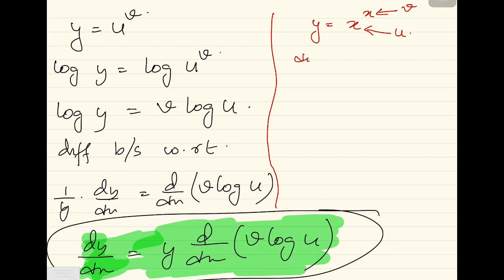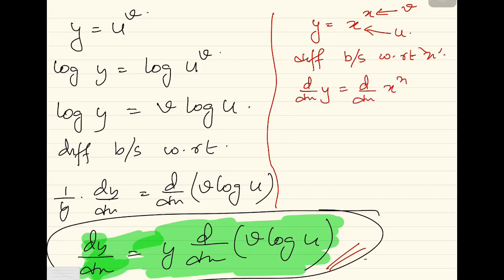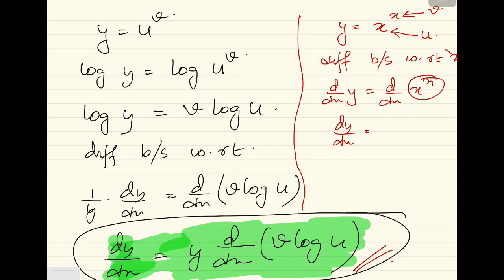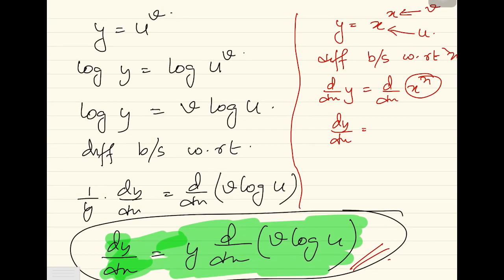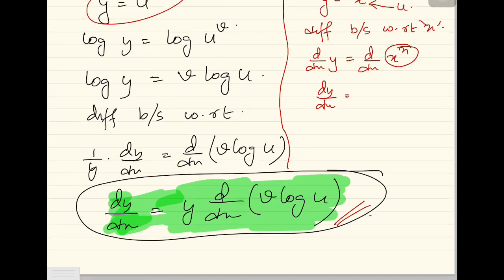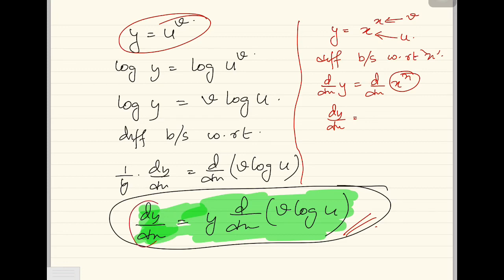So what will be the dy by dx? Differentiating directly without taking log, differentiating both sides with respect to x, because I have got the formula now, you may also use this formula. I'll get d dx of y equals d dx of x to the power of x. And d dx of y means dy by dx. If you ever have y equals u to the power of v, then what will be dy by dx ultimately?